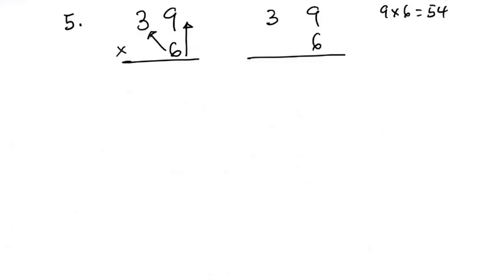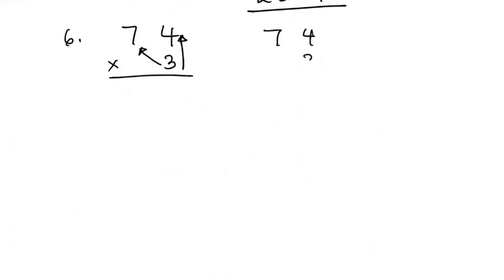Remember, the number we're going to write down here as our first answer, 4. And then the 5, we carry it to be added. Now we multiply 6 times 3. That gives us 18. Remember our plus 5? We had the 5, and that gives us 23. And that is what we write as our final answer here.